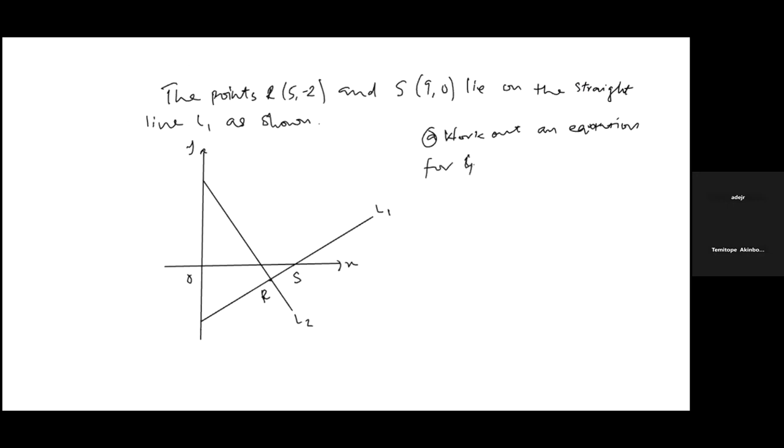Work out an equation for L1. So the question now continues and says that the straight line L2.